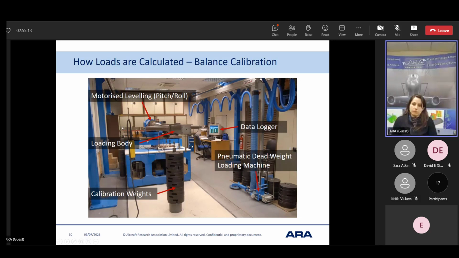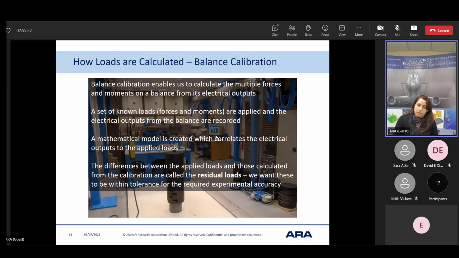So this is a standard balance that we would employ in a military aircraft or civil aircraft model. The balance that we've been discussing earlier was the dual stream jet propulsion balance, which has slightly different calibration facilities.